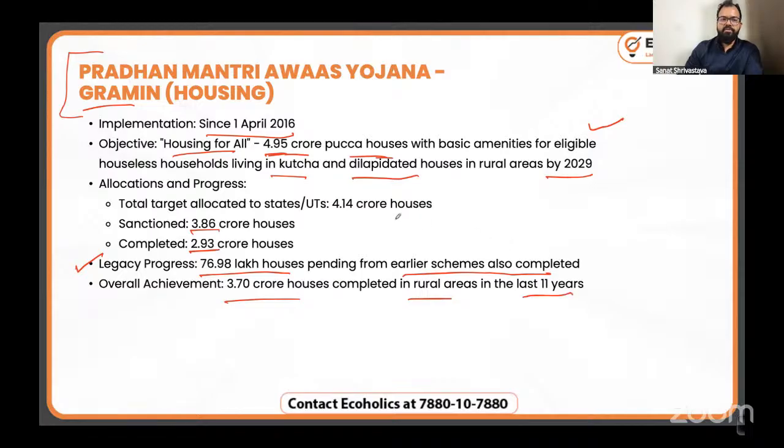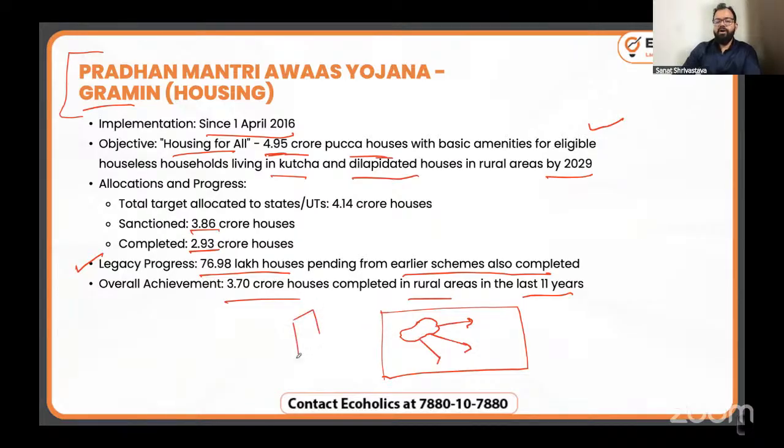Okay. So this Awas Yojana is really beneficial because of the location. What used to happen previously, before this government, used to give houses. Suppose this is a main city and slums are there. Now slums are there because it is near to their workplace. But when government used to give them the houses, they used to give them houses far away from the city.